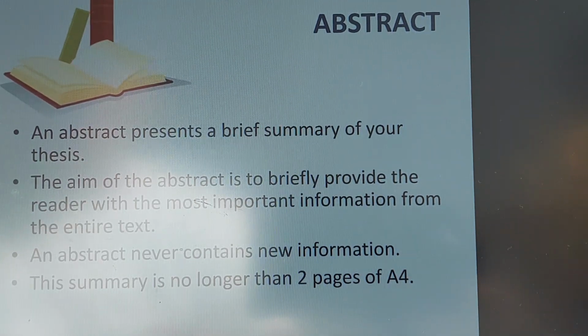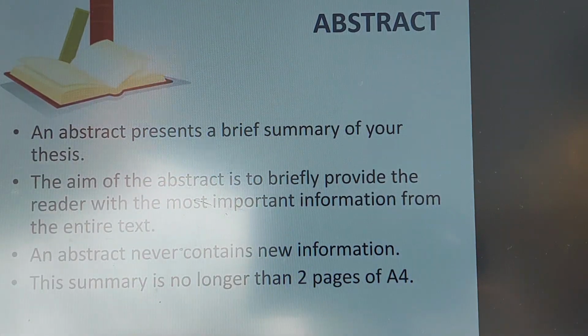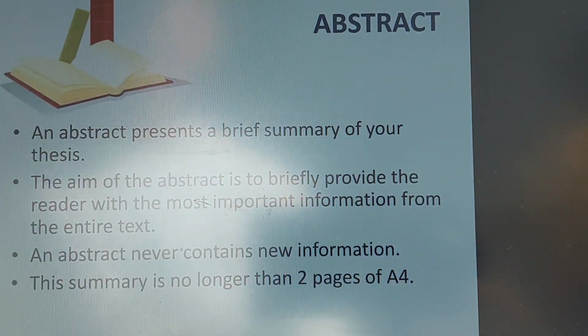An abstract never contains new information, because it is just copied from the text and shortened. And a summary is no longer than 2 pages if you use A4. Or even short bond paper, as long as it is more or less 250 to 300 words.